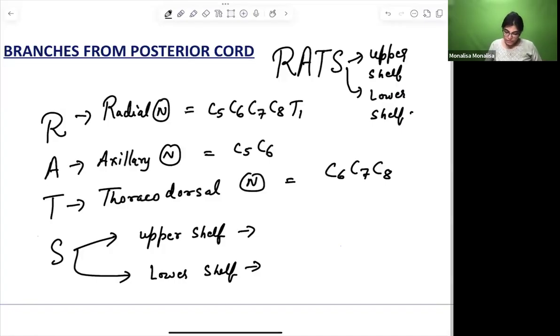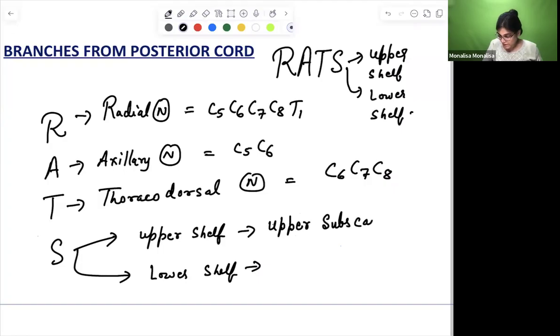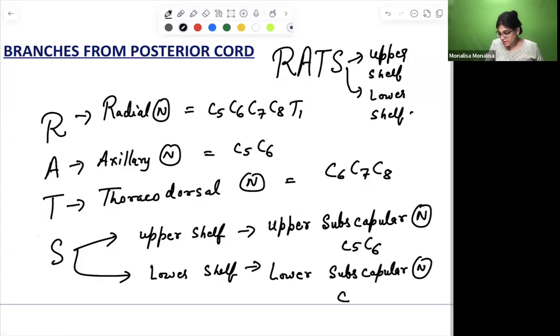Then the S's: upper subscapular and lower subscapular. The first S is for upper subscapular nerve, C5 and C6, and this is the lower subscapular nerve, that is also C5 and C6.